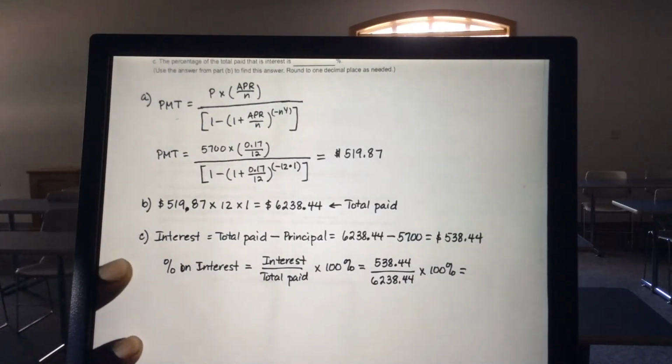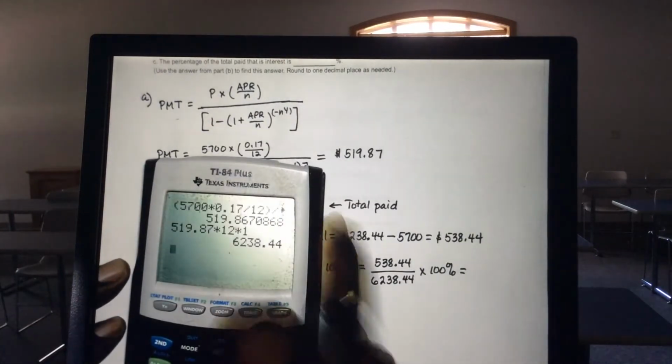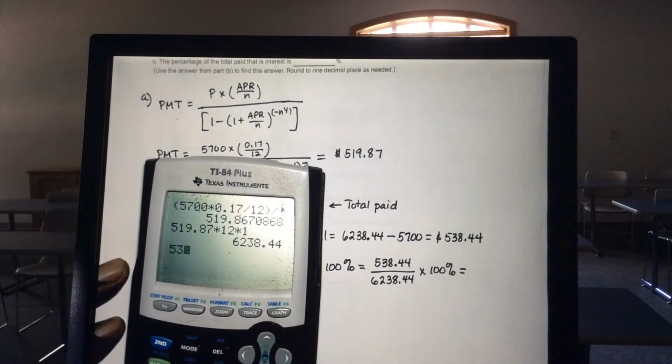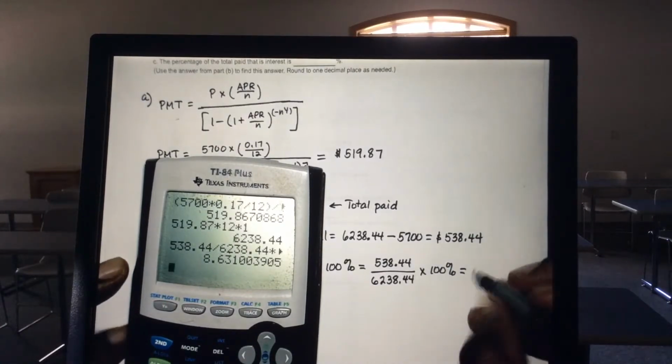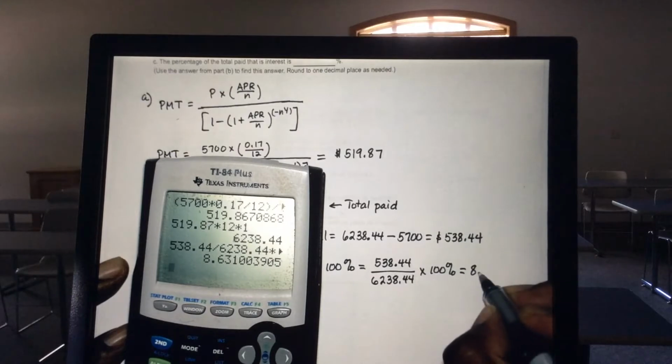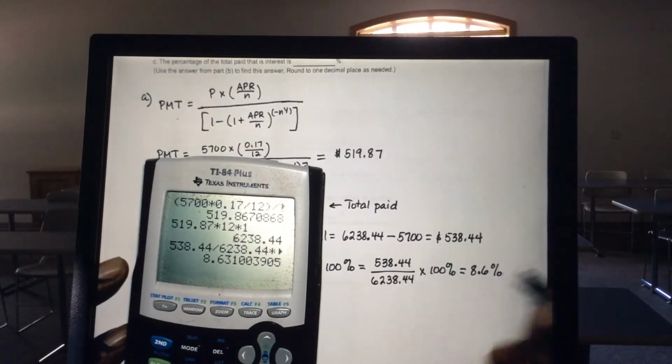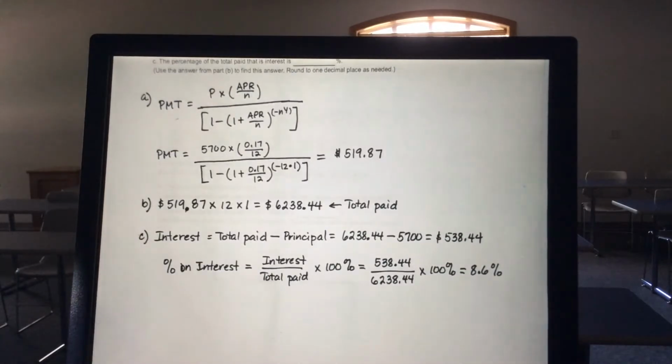And in this case, we will round to one decimal place for that percent. 538.44 divided by 6238.44 times 100. To one decimal place, it'll be 8.6. So 8.6% of the total that was paid on that credit card will go towards interest.